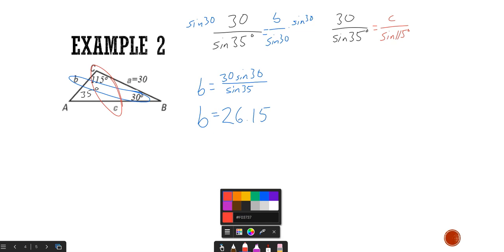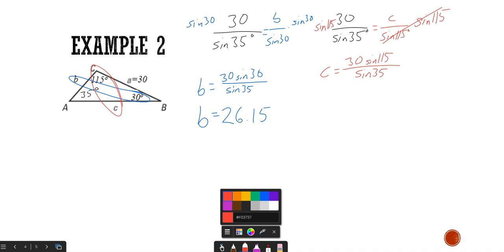Solving for C, we're going to multiply both sides by sine of 115. So C is equal to 30 times sine of 115 divided by sine of 35.